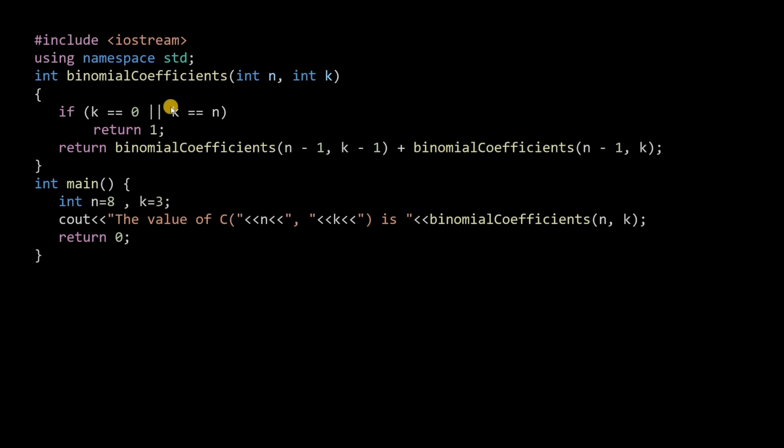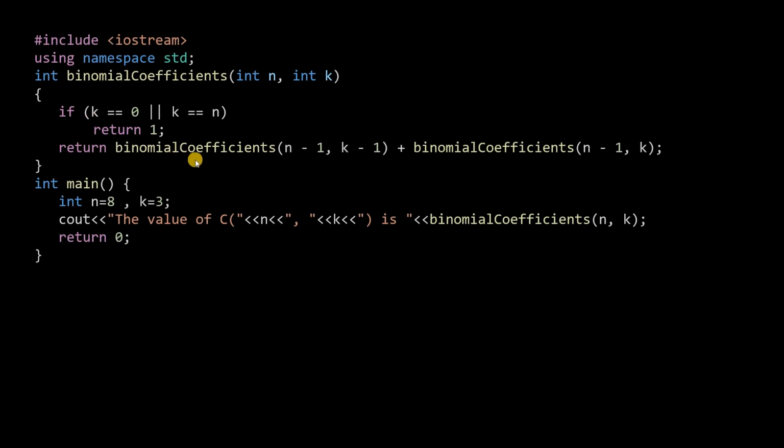For the other condition, k equals n, if k and n are equal in the formula nCk, suppose 125C125, and you calculate this in your calculator, or any value of n and k that are equal, you will see that every time the result is 1.